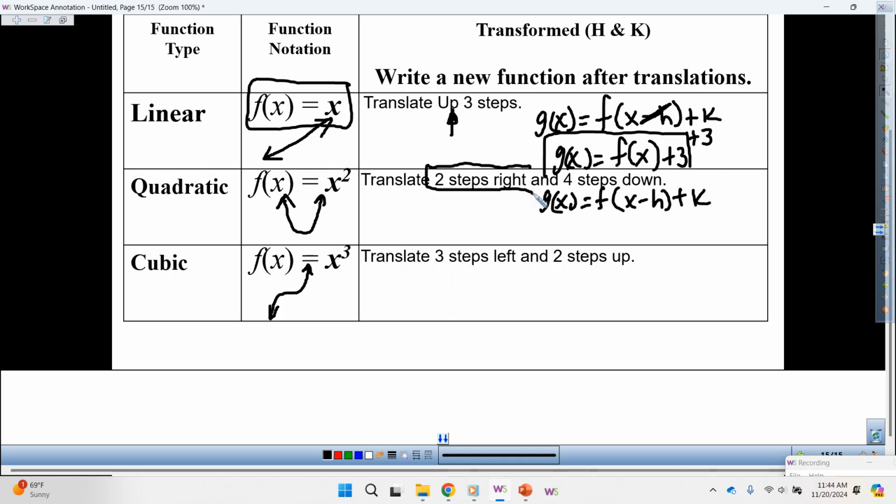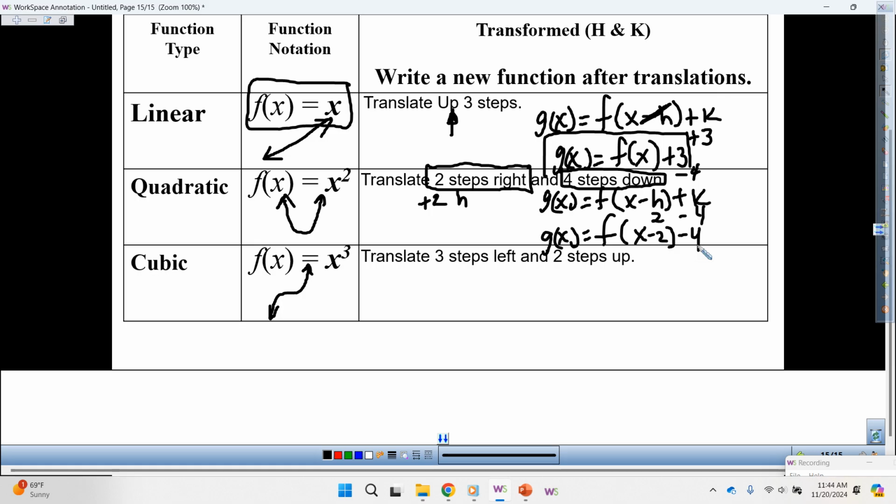Where does that one go? Let's see. Sean, 2 steps to the right. What is that? The h. That is correct. And if it's to the right, that means it's a positive 2. Is that correct? All right. And then 4 steps down, obviously that's going to be our k, and it's going to be a what? Down is negative 4. So let's substitute values. Negative 4, positive 2, and we rewrite this: g of x equals f of x minus 2 minus 4.